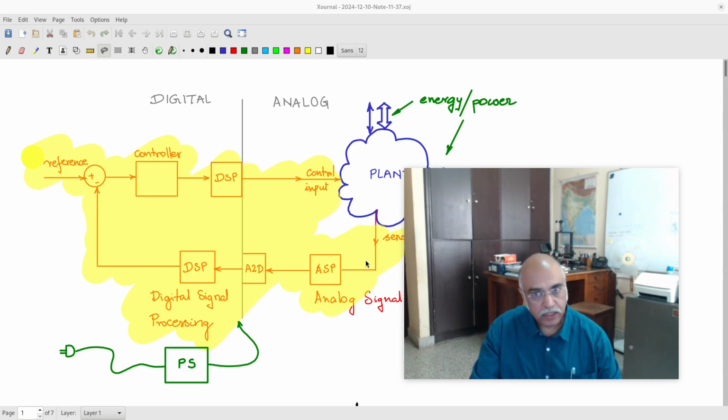You are trying to correct the slope of the input-output relationship in such a manner that you are able to utilize the entire resolution of the A to D. So that's the objective.